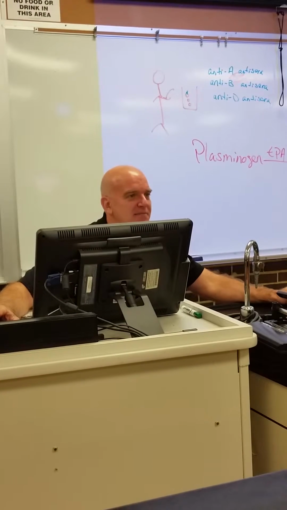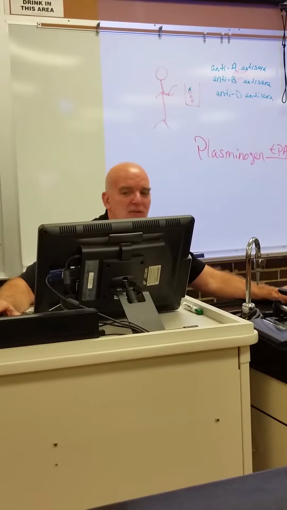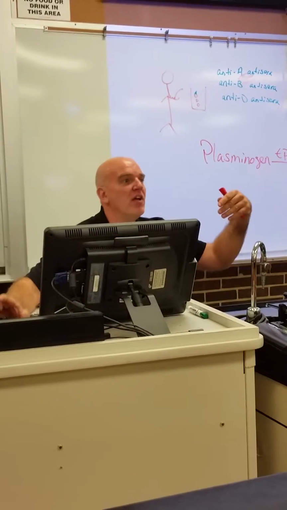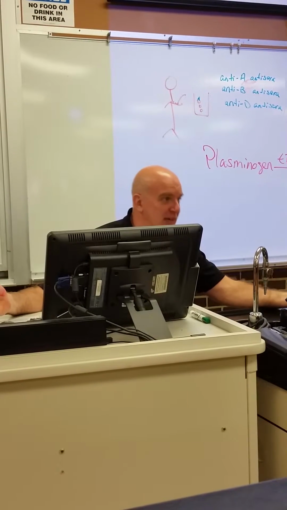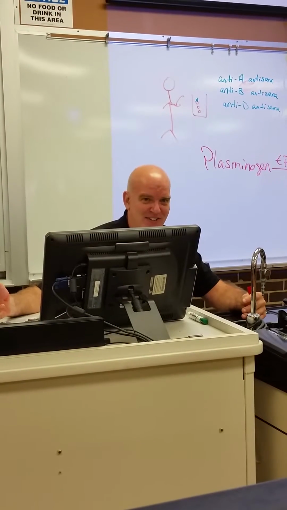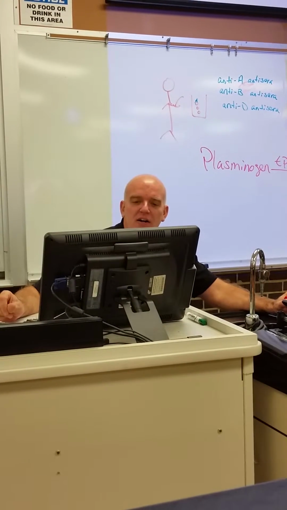I'll read another question to you. The following are structural components of the conducting system of the heart. That means the SA node, the AV node, the bundle of His, the right bundle branch, left bundle branch, the Purkinje fibers. All that stuff, right? So it says this: the following are structural components of the conducting system of the heart.